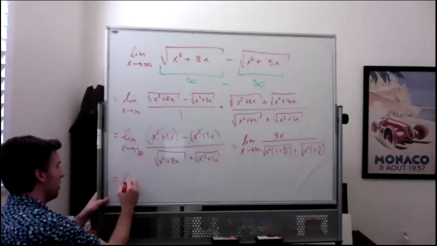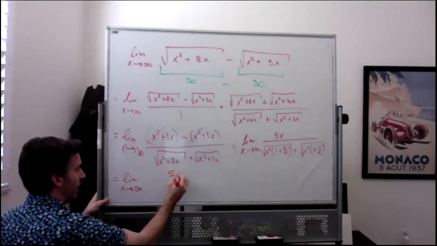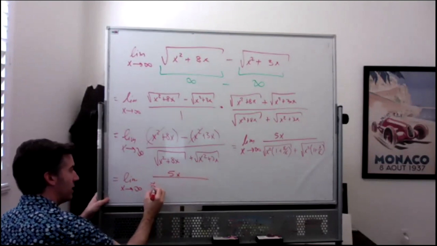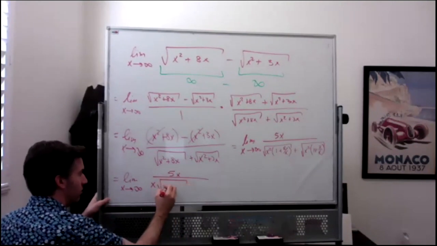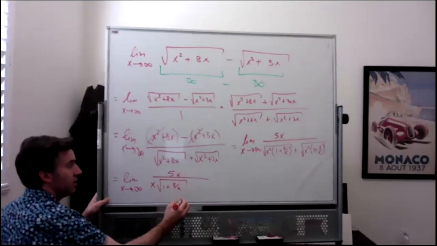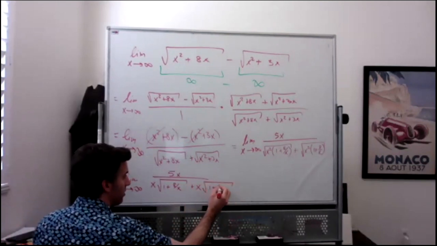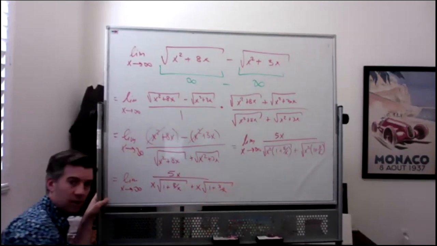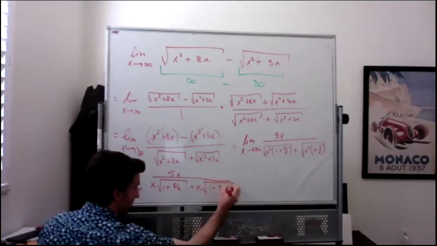So here's what we can say. This is equal to the limit as x goes to infinity of 5x over x, right, the square root of x squared, times the square root of 1 plus 8 over x, plus x times the square root of 1 plus 3 over x. Okay, here's what I'm going to do. Since I'm almost out of room on this board, I'm going to kind of cheat a little bit.